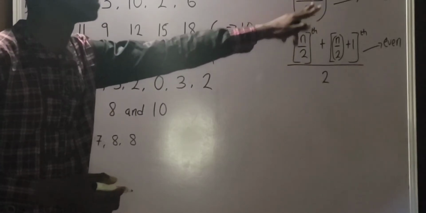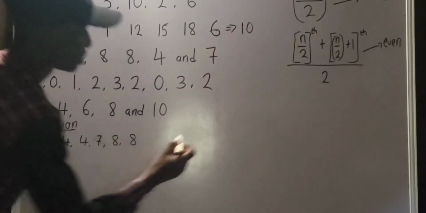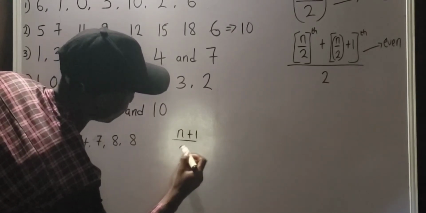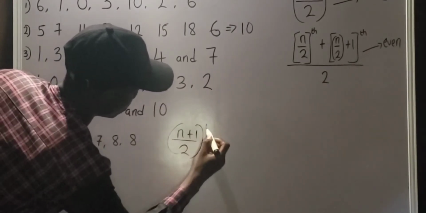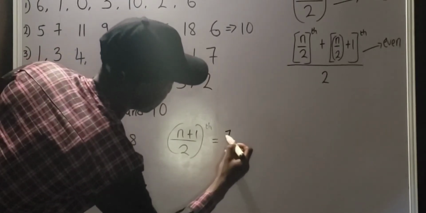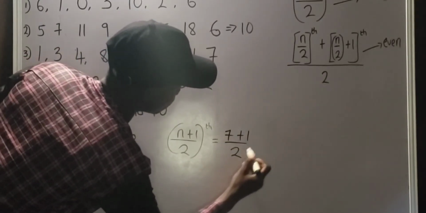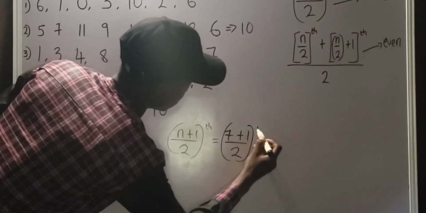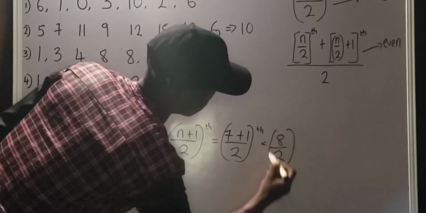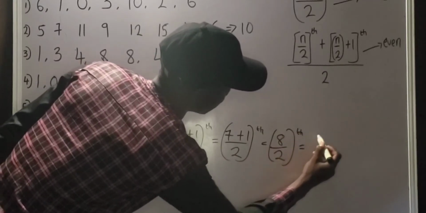I'm going to use the first formula, which says n plus 1 over 2. So let's proceed. n is 7, so I'm going to have 7 plus 1 all over 2. That is 8 over 2, which is 4.